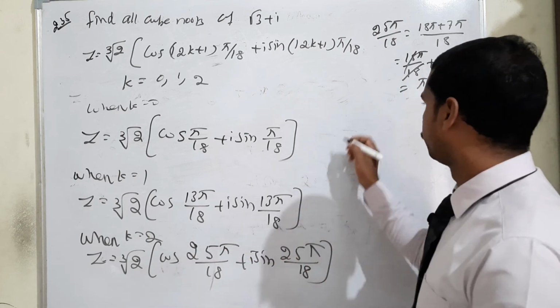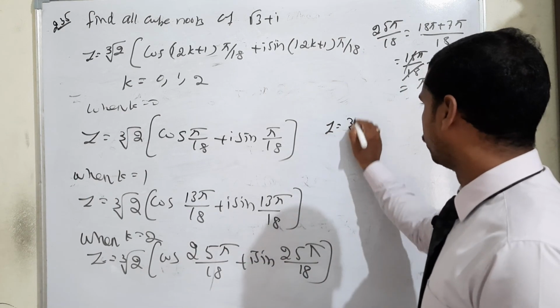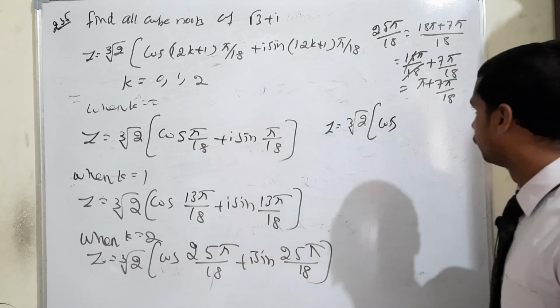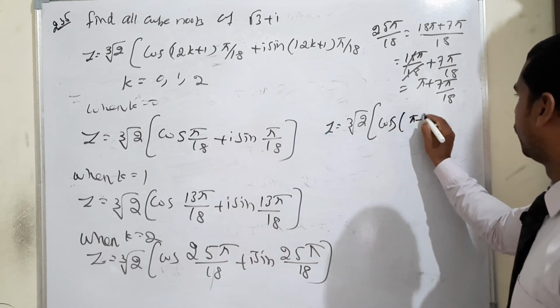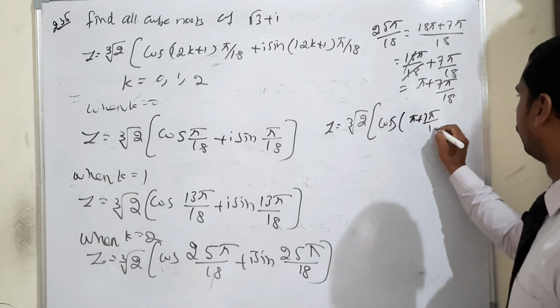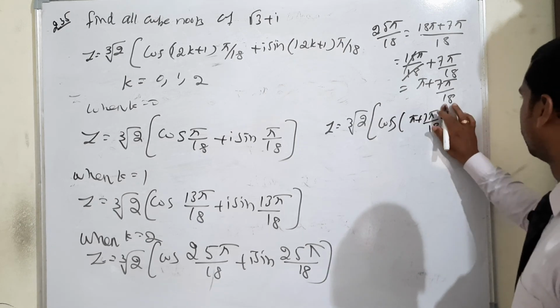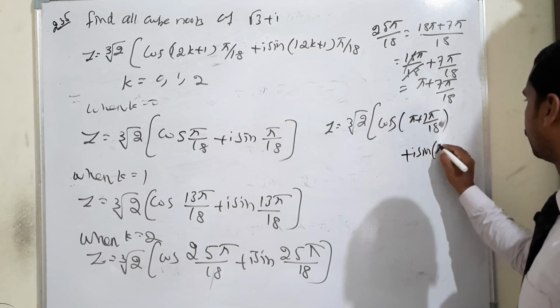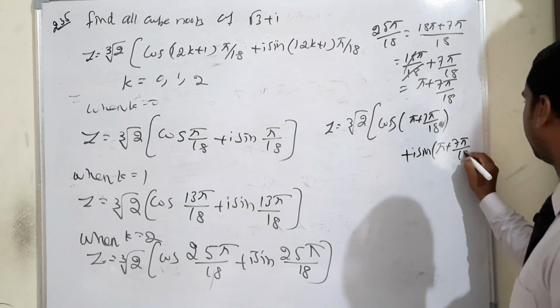Therefore z is equal to cube root of 2, cos of pi plus 7 pi by 18, plus i sin of pi plus 7 pi by 18.